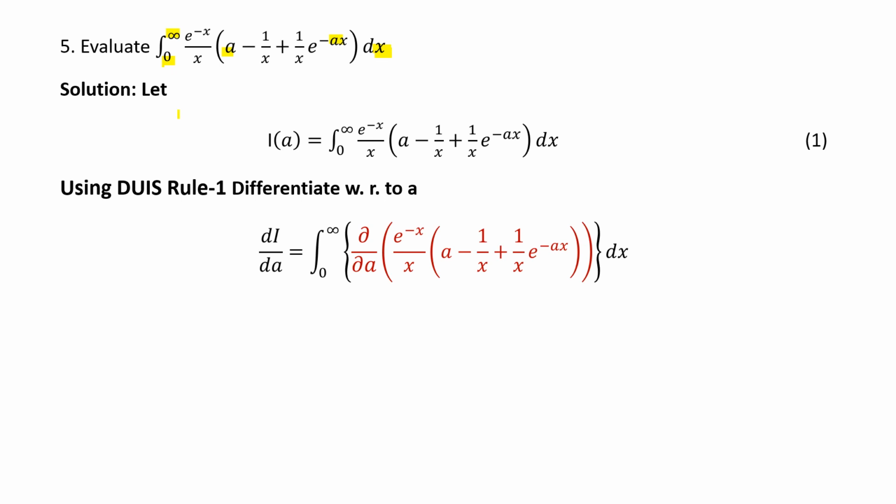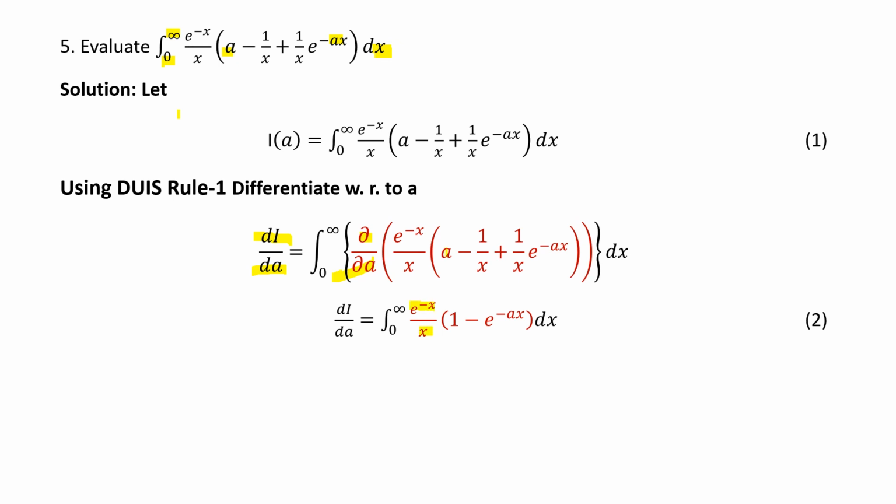As per rule 1, dI by da is the integral from 0 to infinity of del by del a of this whole function, dx. Now we just have to differentiate inside the bracket with respect to a, keeping x as constant. So dI by da is equal to the integral from 0 to infinity of e raised to minus x upon x in bracket.